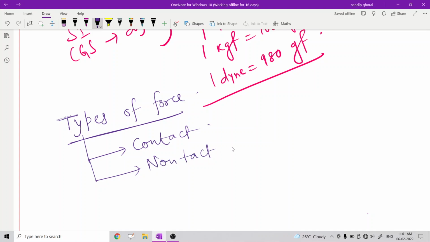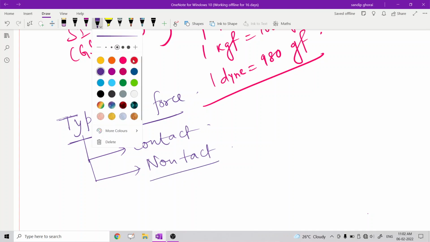Now the question is, what is contact force and what is non-contact force? Contact force acts between two bodies when they are in contact, in touch with each other. But if any type of force acts between two bodies without any contact, then this type of force is called non-contact force.